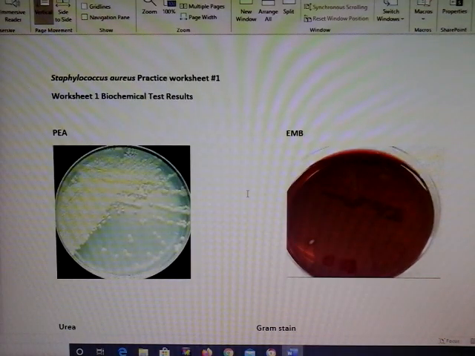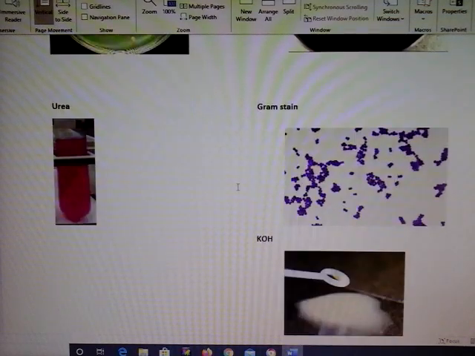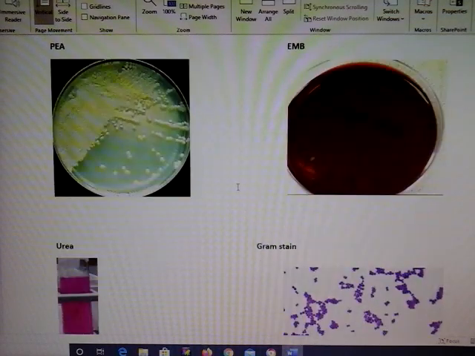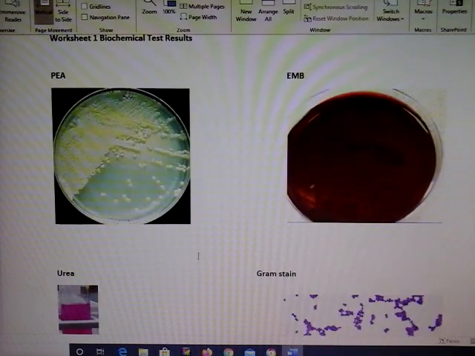This is an example, guys, of results. So in this particular instance, I'm going to use Staph aureus just as practice for you. So every week, you're going to get a result sheet that looks similar to this. So in your first one, guys, you're going to have an EMB plate, PEA plate, urea, gram stain, and KOH. Now yours will not look like this, all right?